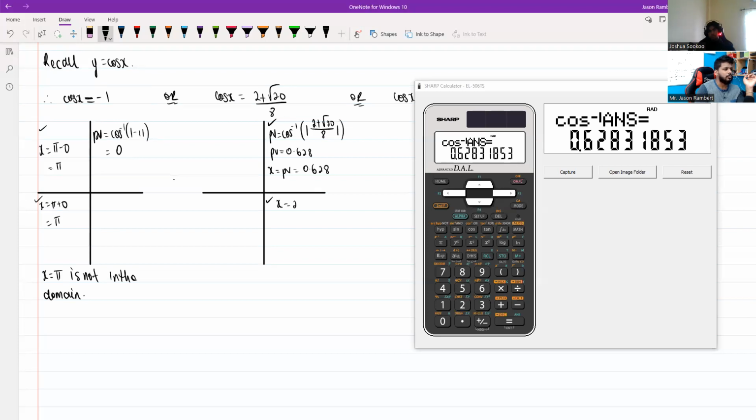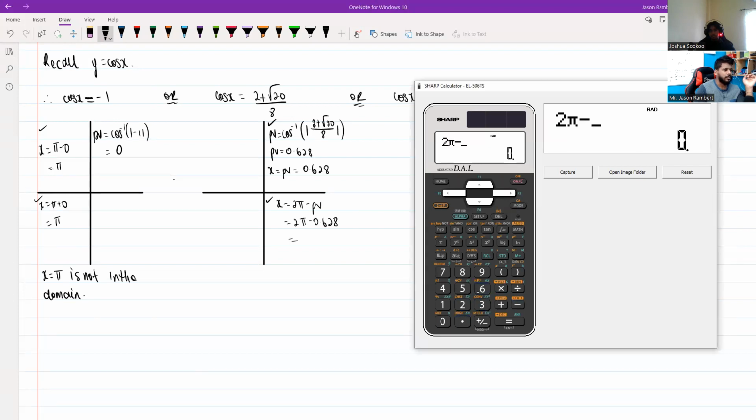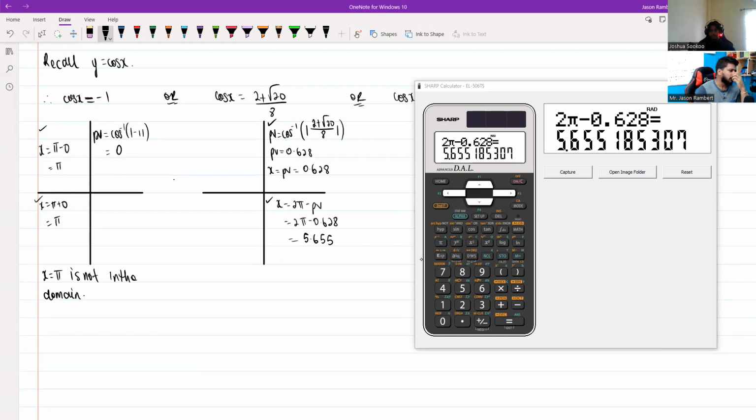And x is 2 pi minus the principal value, which is 2 pi minus 0.628, which is 5.655. Now, is this in the domain? Let's check and see. Remember, pi radians is 3.14.